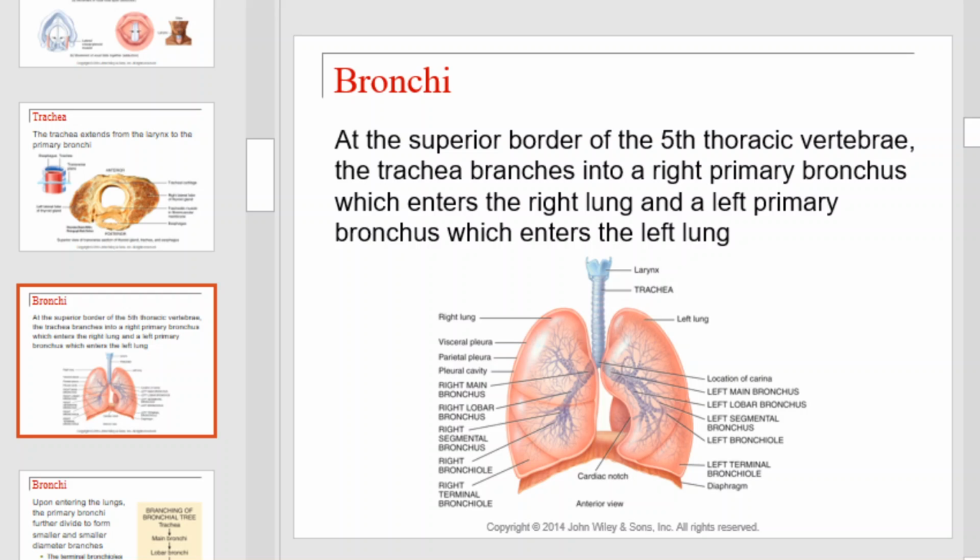Bronchi. At the superior border of the fifth thoracic vertebra, the trachea branches into a right primary bronchus, which enters the right lung, and a left primary bronchus, which enters the left lung. Again, note the name and position of each labeled structure in this diagram.